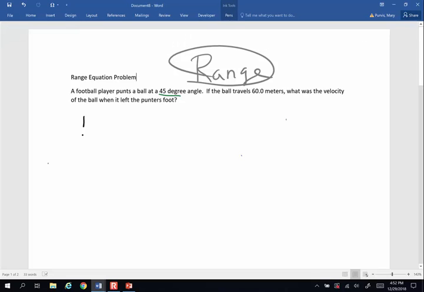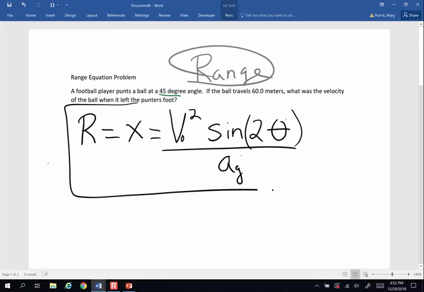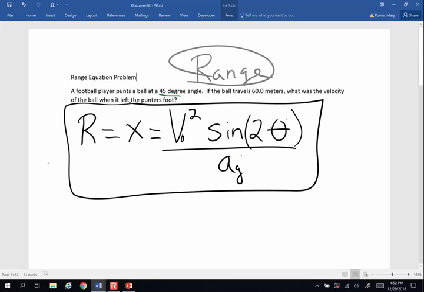The range equation says that the range, which is equivalent to the horizontal displacement, is equal to the original velocity squared times the sine of 2 times theta. So you have to take whatever you get for an angle, multiply it by 2, divided by the acceleration of gravity. Now this equation can be derived using all of the lovely kinematics equations and trigonometry we know, but this is handy sometimes. So let's go ahead and use this.